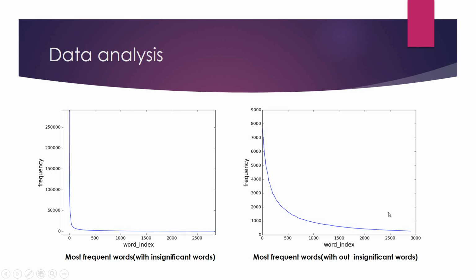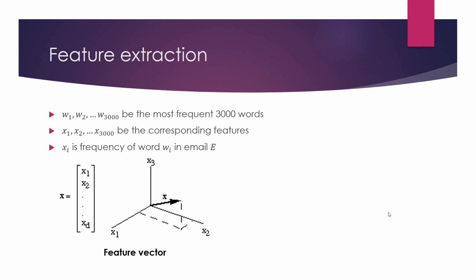When coming to feature extraction, the number of features present per email is considered to be 3000 features. The 3000 features correspond to the most frequent 3000 words.